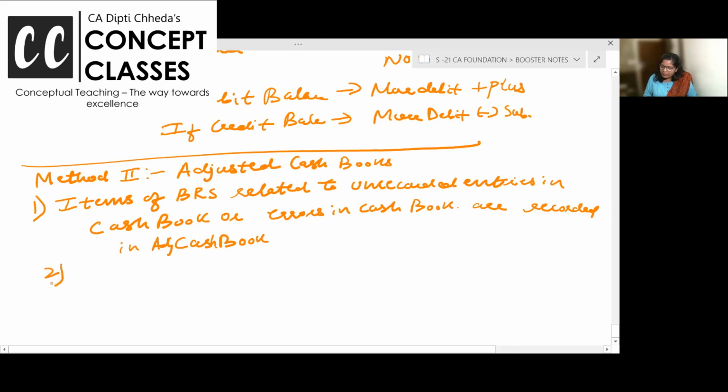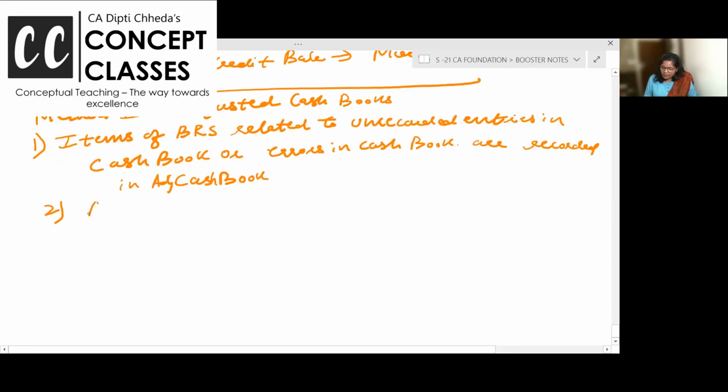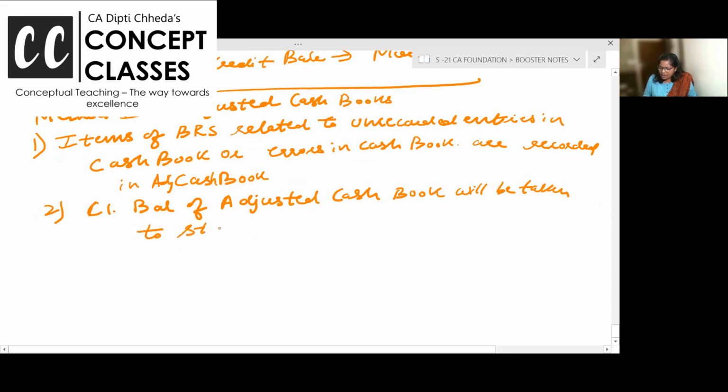Second point you have to remember here is closing balance of adjusted cash book will be taken to start BRS. Where will BRS start from? Closing balance of the adjusted cash book.